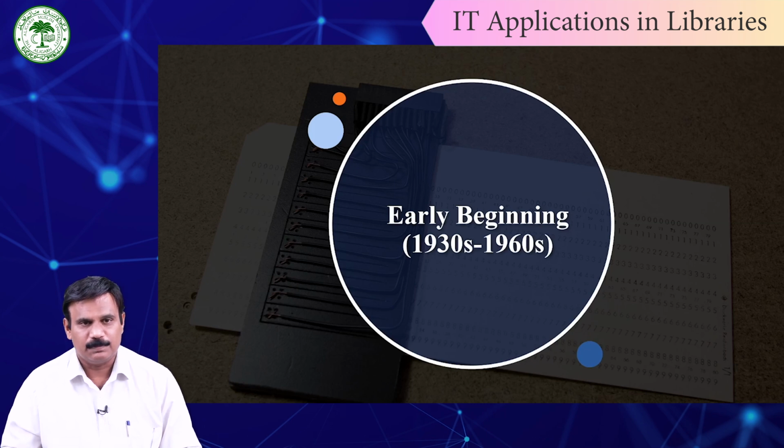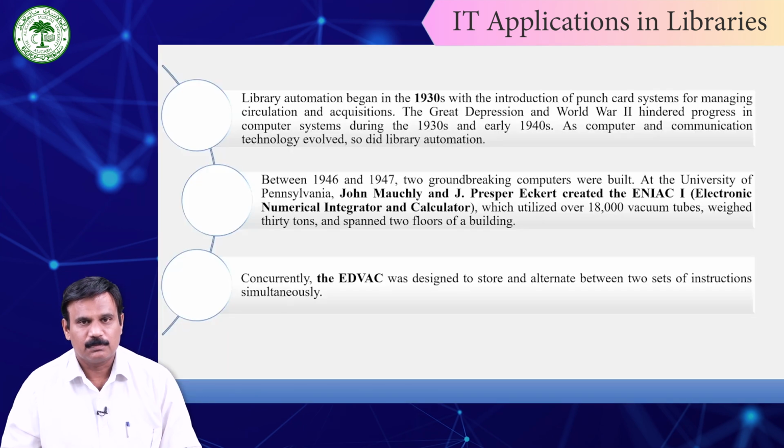The early beginning, 1930s to 1960s: library automation began in the 1930s with the introduction of punch card systems for managing circulation and acquisitions.